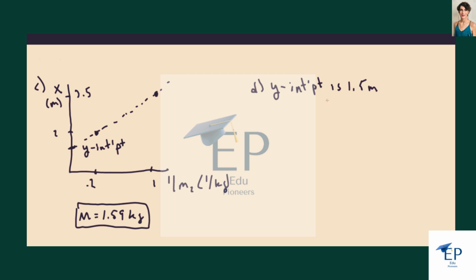And this makes sense because as 1 over m2 goes to 0, this is the same as saying that m2 goes to infinity.